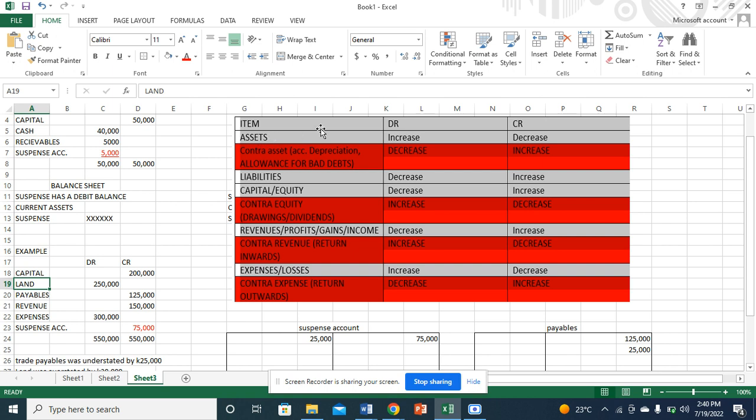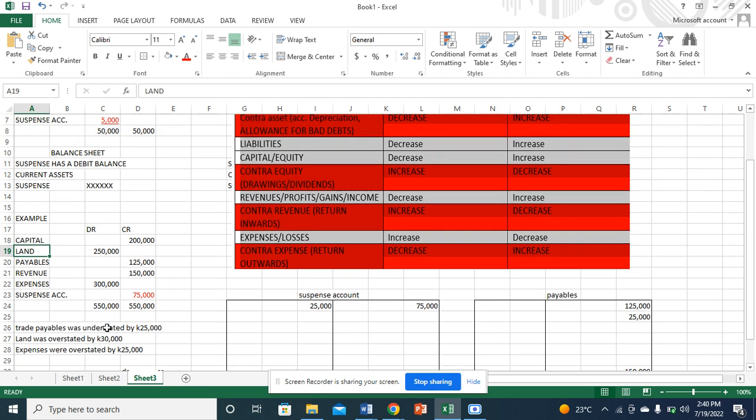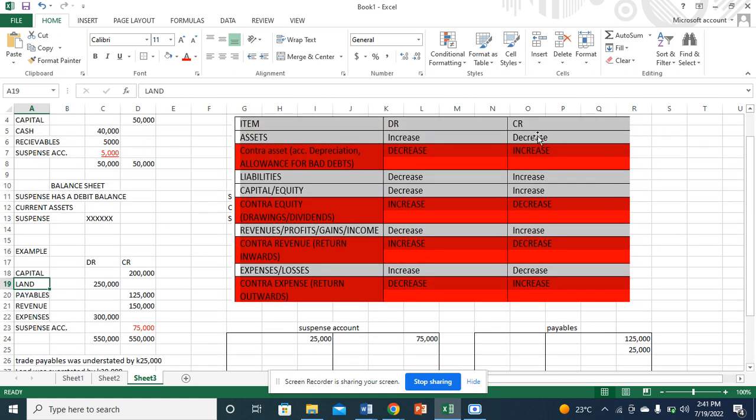The double entry rules for assets is debit to increase, credit to decrease. Land is an asset. We've been told that it was overstated by 30,000. So it means we have to decrease the balance, right? So to decrease the balance on the land account, we have to credit land account, so that we decrease.